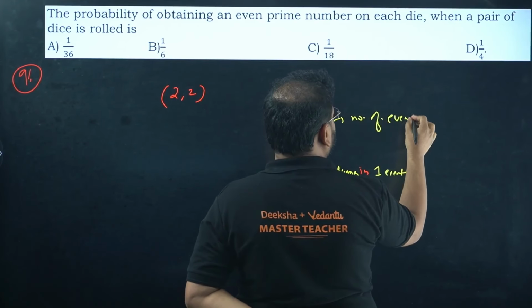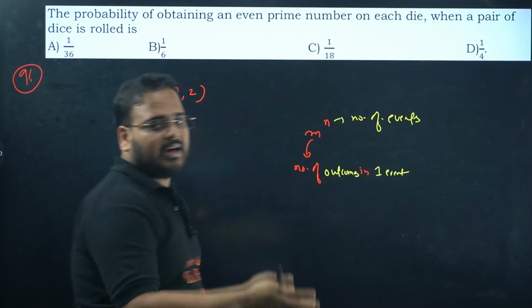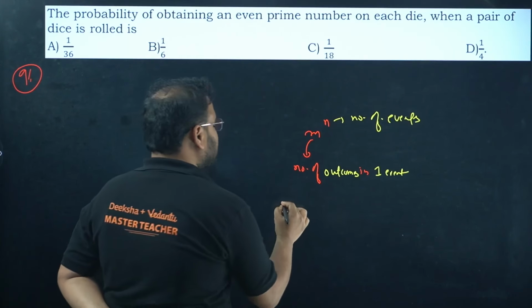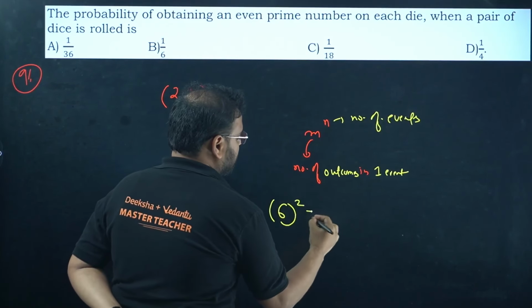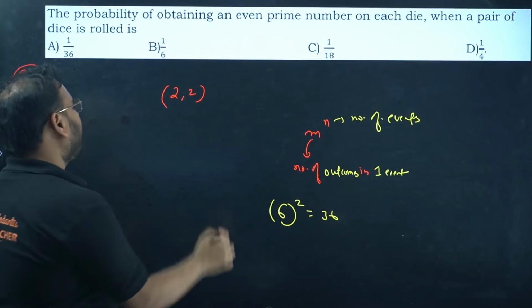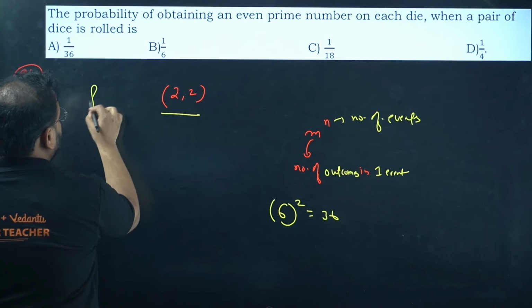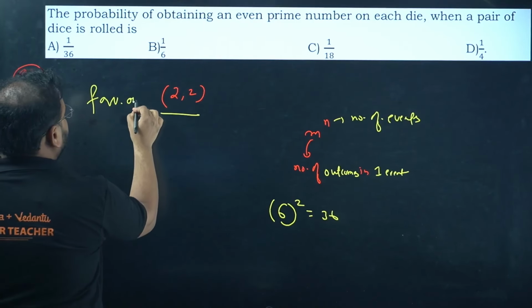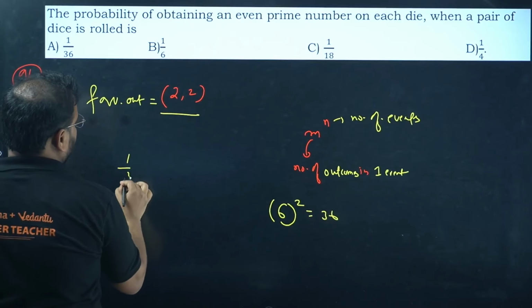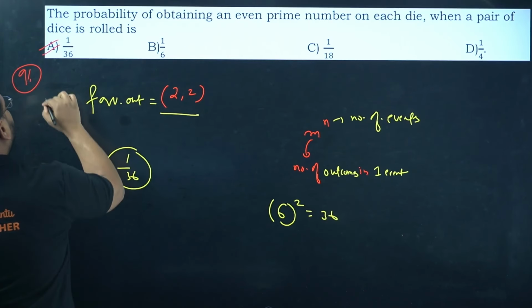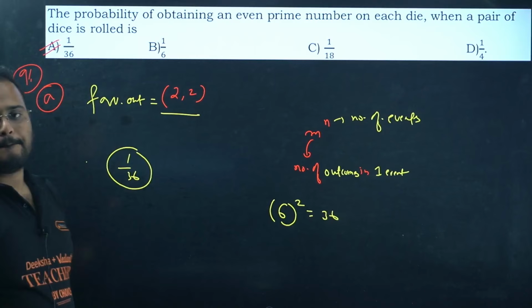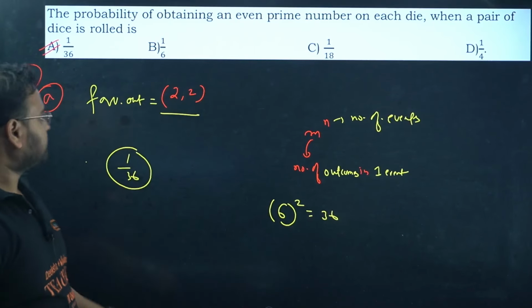If you throw a die, you get 6 outcomes, and you are throwing a pair of dice, which means 2. So 36. You have only one ordered pair, which is the favorable outcome. The answer will be 1 upon 36, which is option number A. Next.